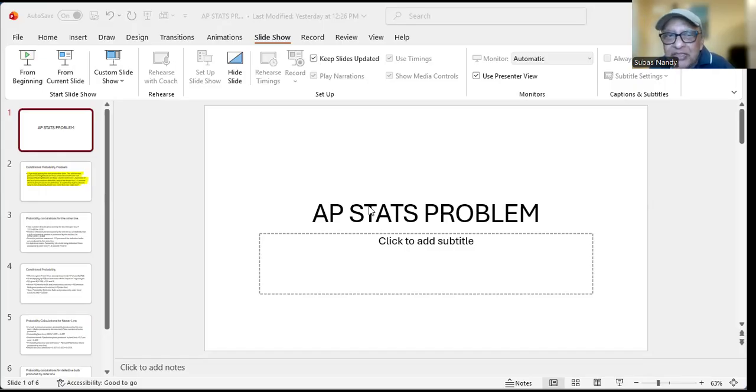Multiplying both sides by the probability of B, on the right hand side probability of B cancels, and you are left with probability of A and B, which is equal to probability of A given B multiplied by probability of B.